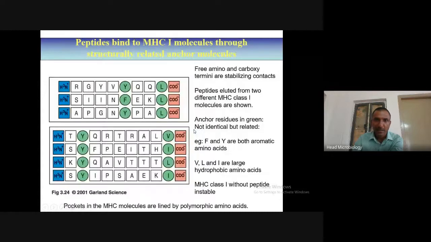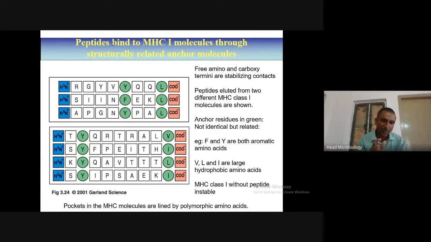structurally. And coming to the peptide, it binds the MHC molecule through structurally related anchor molecules. What I told previously is that we have millions and trillions of people in the population.